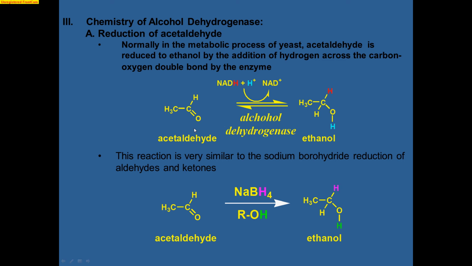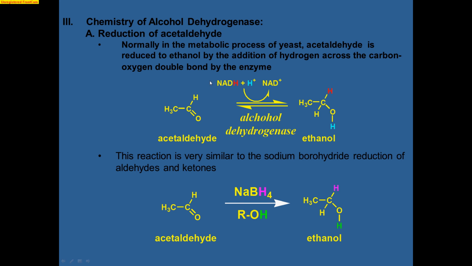So to compare what's going on in the cell with alcohol dehydrogenase to chemistry that you're familiar with from either 223 or 224, this reaction with alcohol dehydrogenase would be analogous to a sodium borohydride reduction of acetaldehyde.